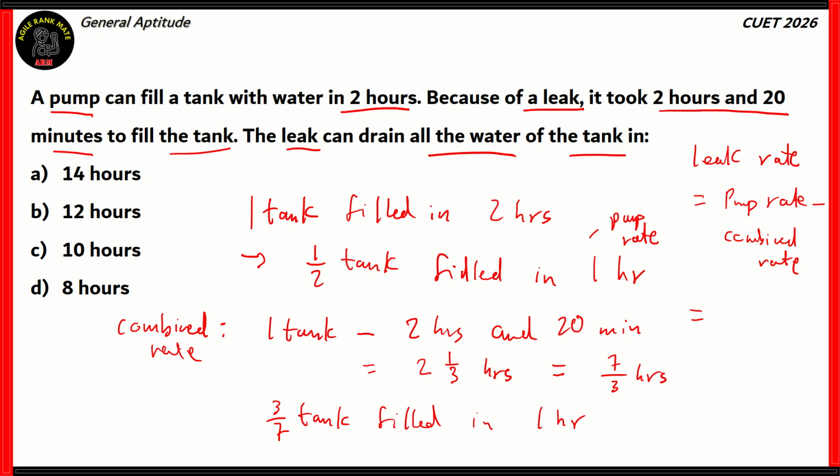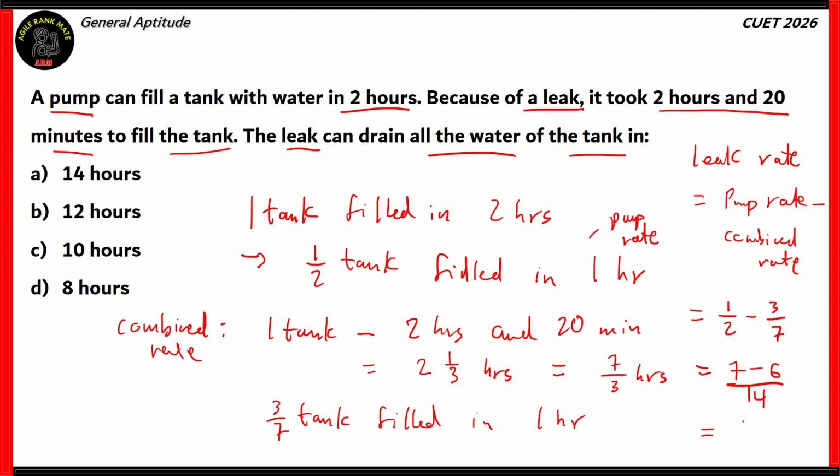So let's look at the rate. In every hour, half the tank gets filled if the pump works alone. The combined rate for filling the tank per hour is 3/7. So basically we need to subtract 3/7 from 1/2. Finding the LCM to be 14, we will get 7 minus 6 in the numerator.